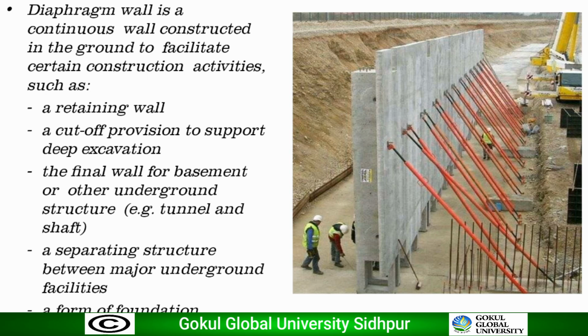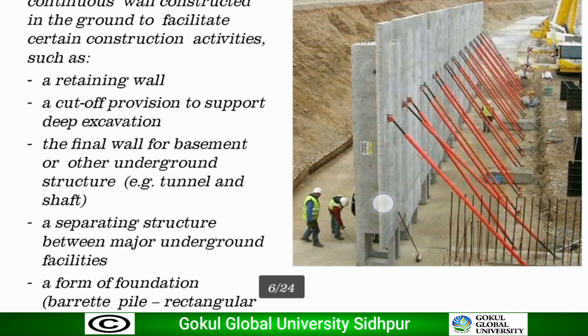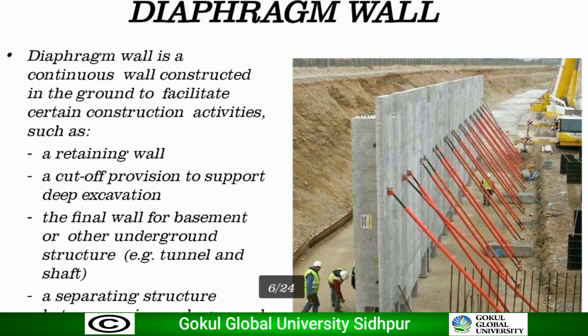A diaphragm wall is a reinforced concrete structure constructed in situ panel by panel. The wall is usually designed to reach very great depth. Just remember that a diaphragm wall is used to reach very great depth, sometimes up to 50 meters. Mechanical excavating methods are thus employed.